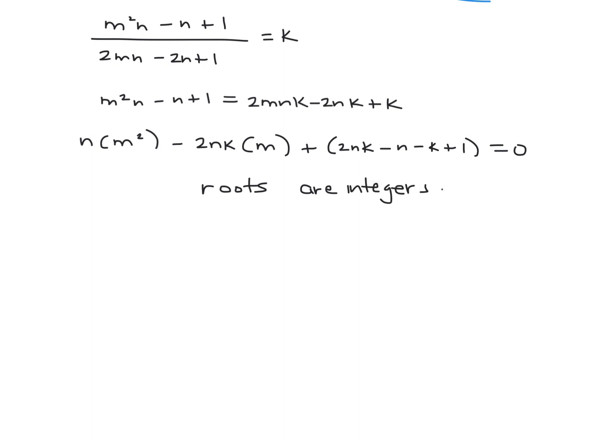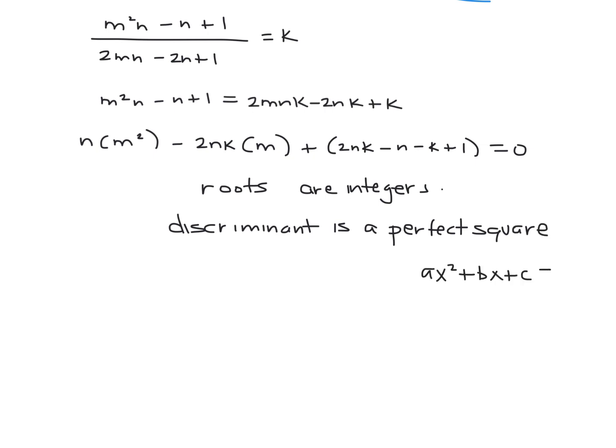Okay? And the only way the roots of something are integers is if the discriminant is a perfect square. So you guys remember, if you have a quadratic ax squared plus bx plus c is equal to 0, quadratic formula states that x is equal to minus b plus or minus the square root of b squared minus 4ac all over 2a, right?